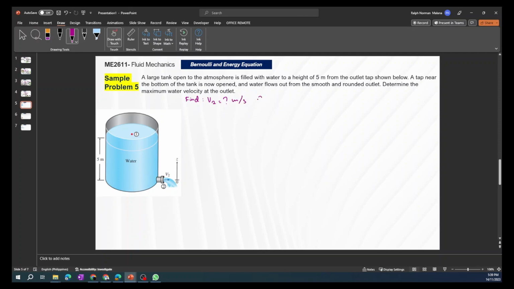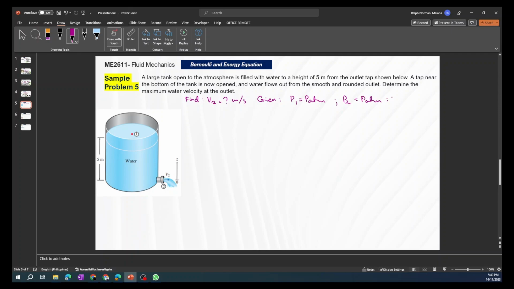What are we given? The large tank is open to the atmosphere, meaning our P1 here is basically atmospheric. The same way with our P2, since the opening here is also exposed to the atmosphere, so this one is atmospheric.